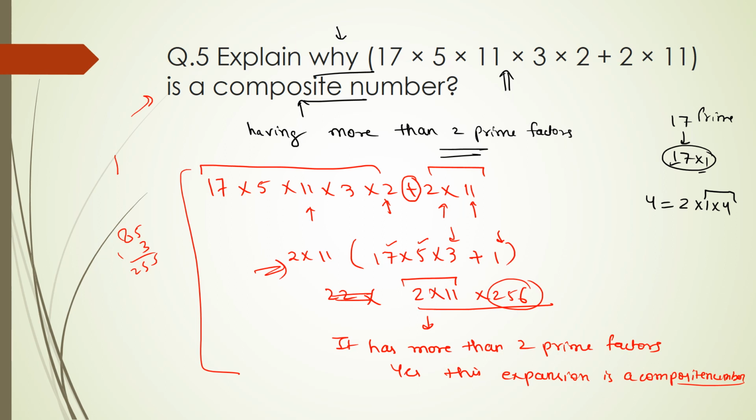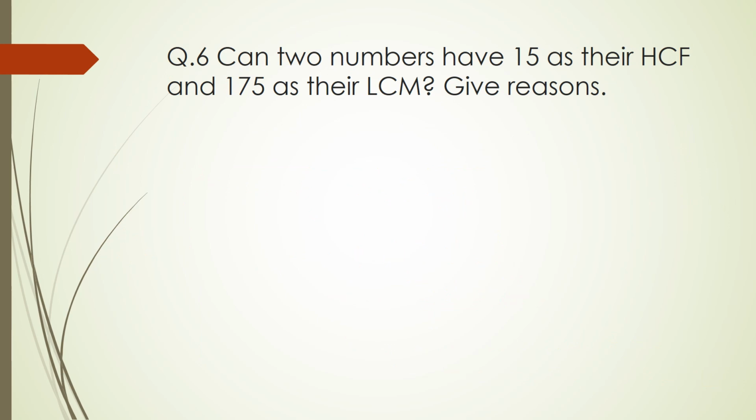Next, can two numbers have 15 as their HCF and 175 as their LCM? This question I found unique in previous year question papers. That's why I put it into this slide. Basically, the question is asking us: we know the product of two numbers is the product of LCM and HCF, right?